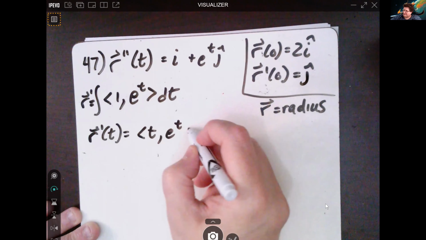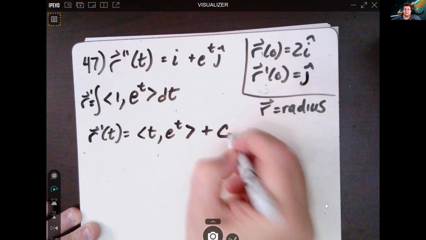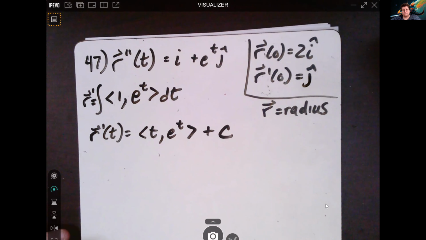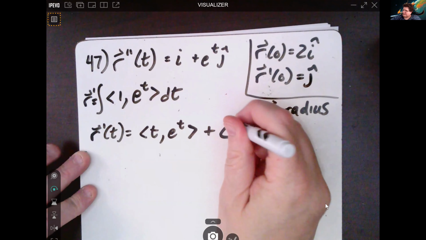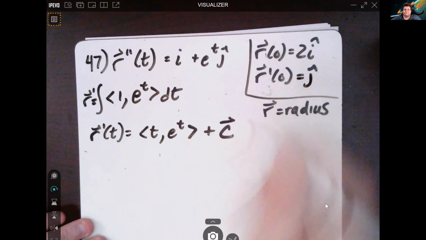And since I didn't have limits of integration, I have a constant. And since r prime is a vector, this constant is a vector.